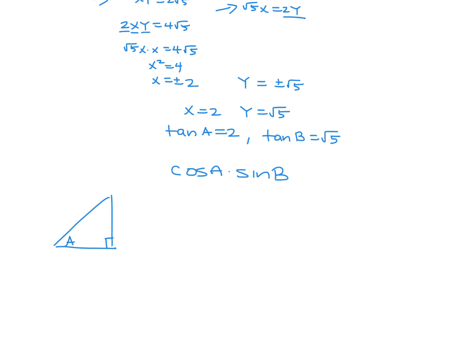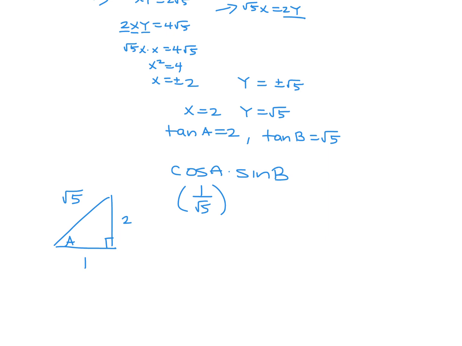I can't remember if calculators are allowed on this contest, but in any case, if this is A, and the tan of A is 2, so tan is opposite over adjacent, so it'll be 2 over 1. And with Pythagoras, you can easily figure out that the hypotenuse is root 5. So the cos of A is adjacent over hypotenuse.